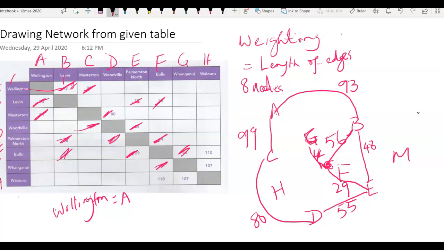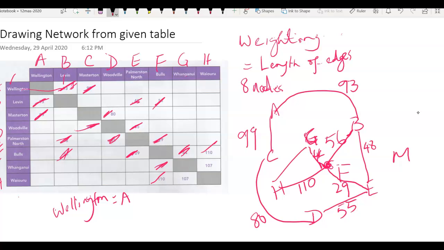Now we got H and F, which is 110. Remember, always remember, you don't have to draw it according to scale. H and F is gone, 110. This is also most likely will be gone. This is the last one, H and G.